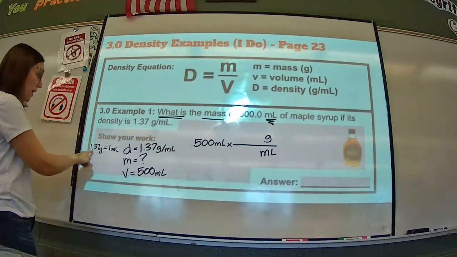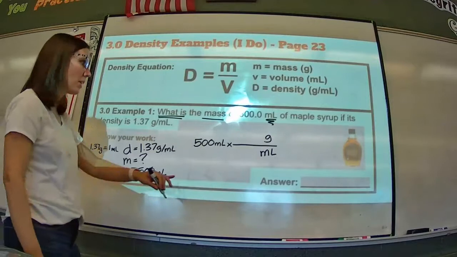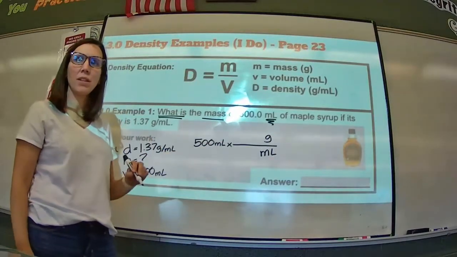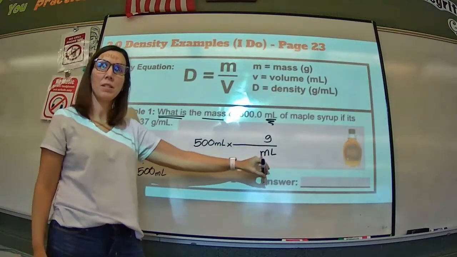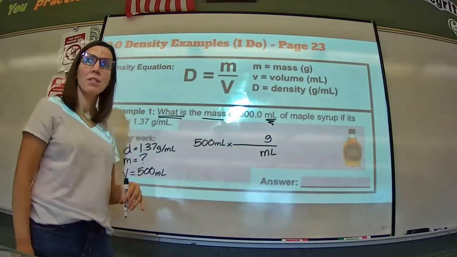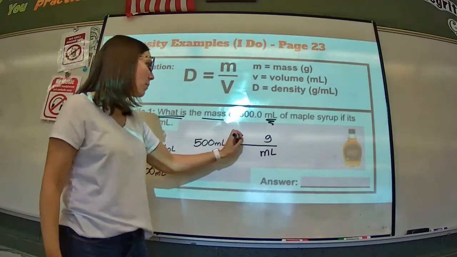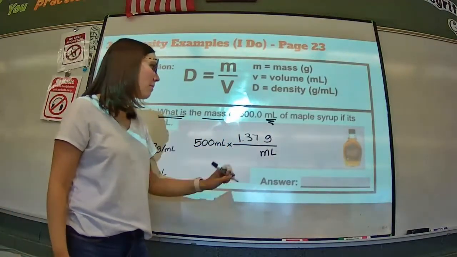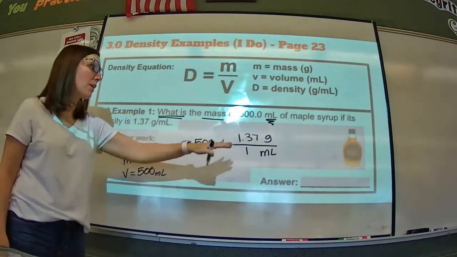Every milliliter we have is equal to 1.37 grams. So I'm going to use this. We set up our unit conversion, our times in a line: milliliters is on the bottom to get rid of it, grams is on top. Now we take that density, which means 1.37 grams is equal to 1 milliliter. So every 1 milliliter is how many grams.